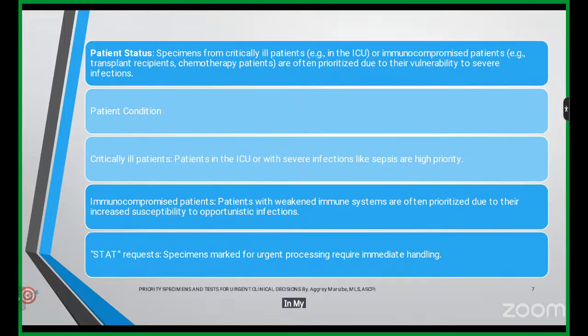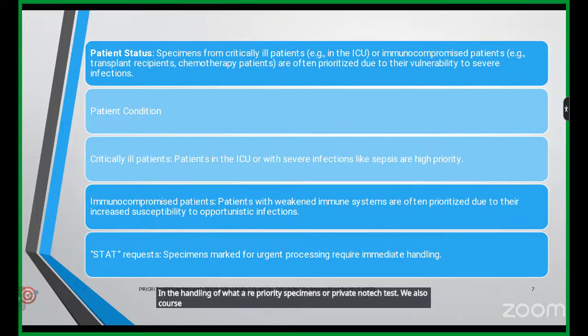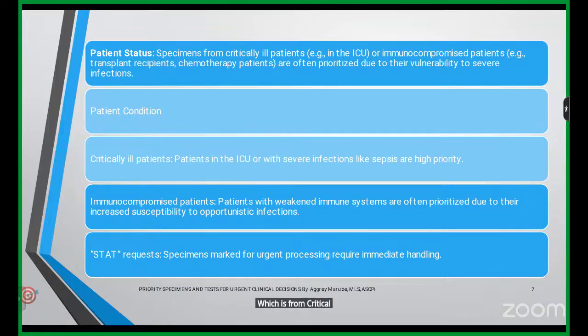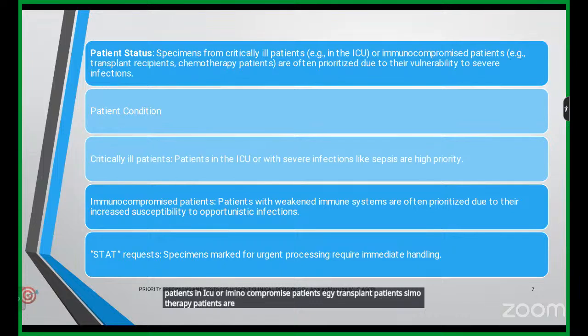In handling of priority specimens or priority tests, we also consider the patient's status. Specimens from critically ill patients, e.g., patients in ICU, or immunocompromised patients, e.g., transplant patients and chemotherapy patients, are often prioritized due to their vulnerability to severe infections.